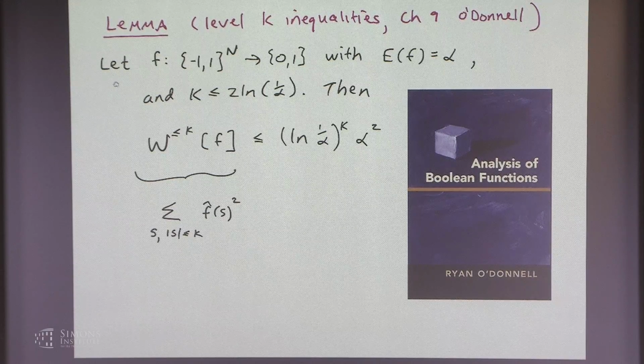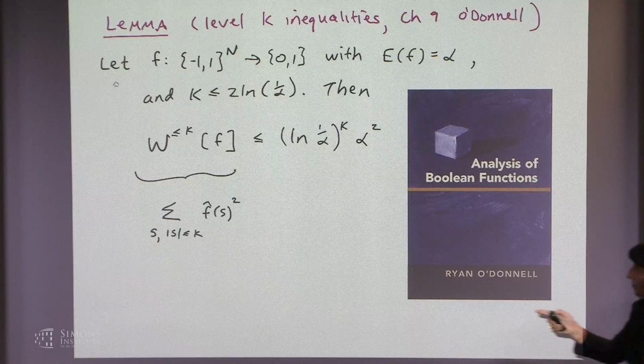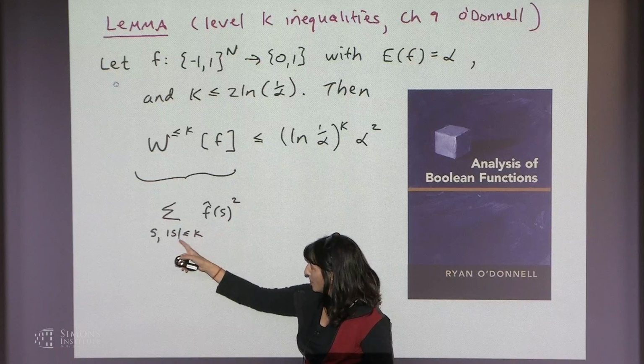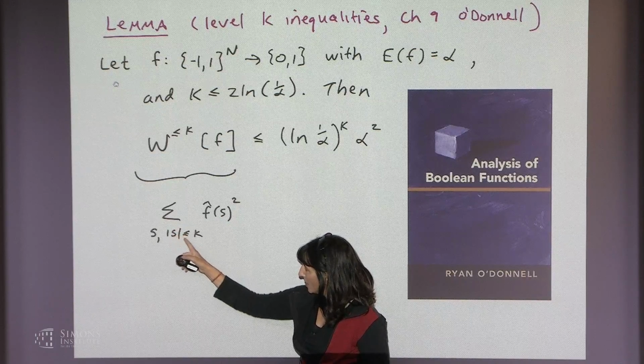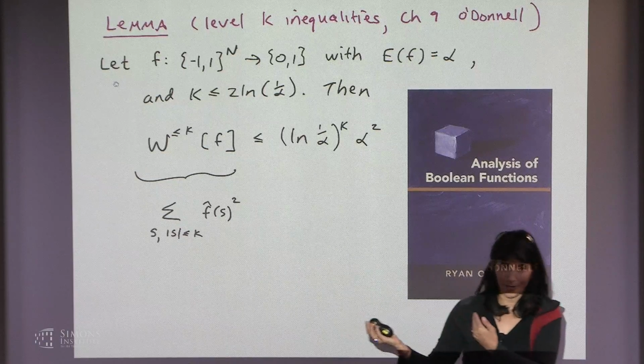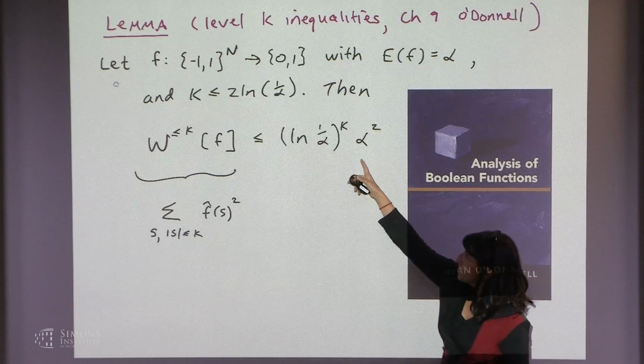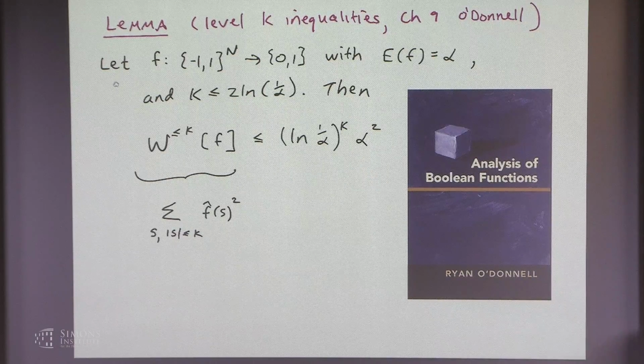It states that if you have a Boolean function f from capital N bits to 0, 1, where the expected value is alpha, so the fraction of ones is alpha, and k is upper bounded by some quantity, then you can upper bound the sum of the Fourier coefficients squared for all characters s of size at most k. So the sum of all the bottom Fourier coefficients squared can be upper bounded by this quantity, which depends on alpha.